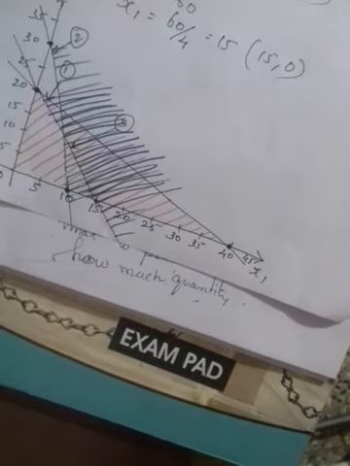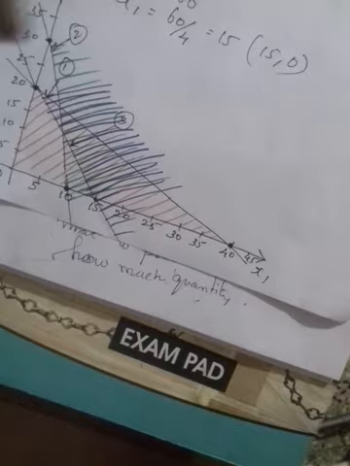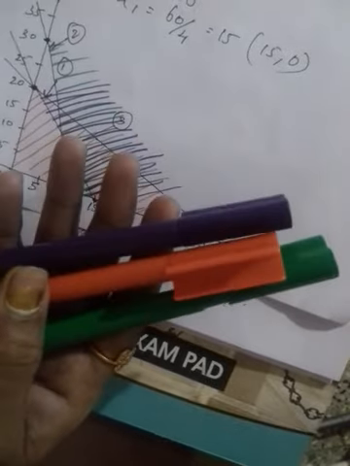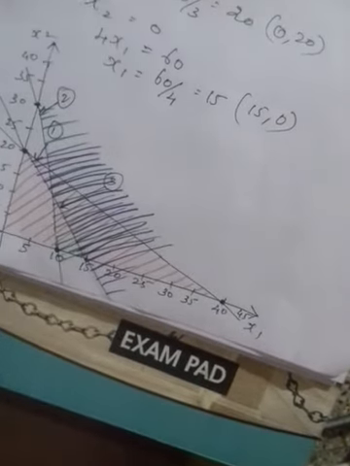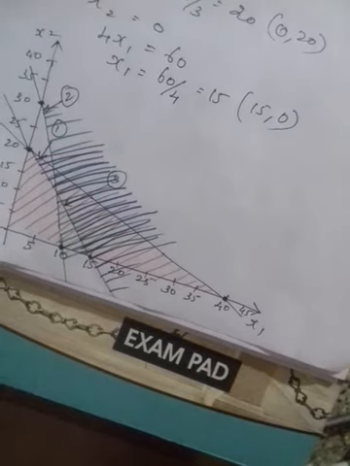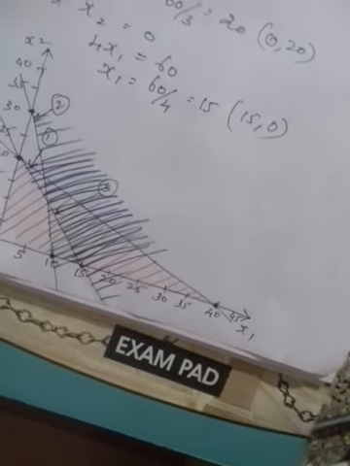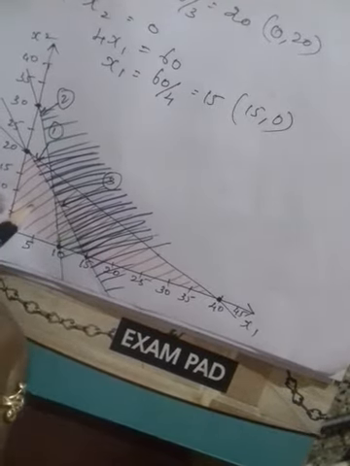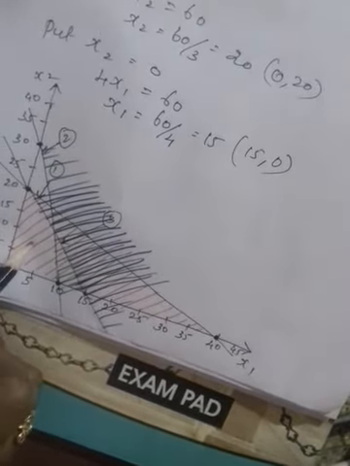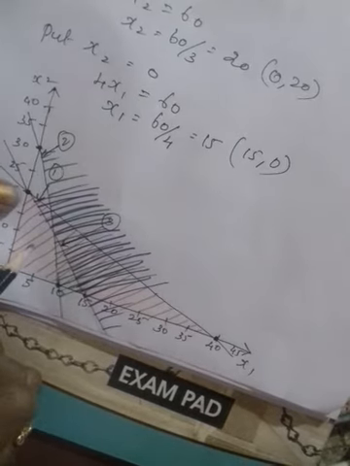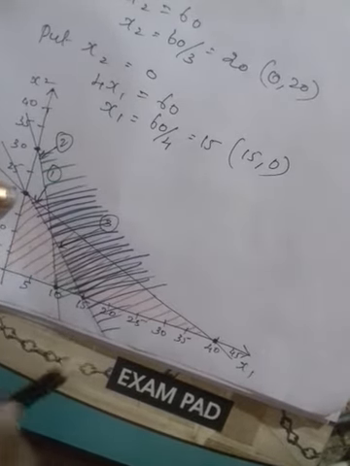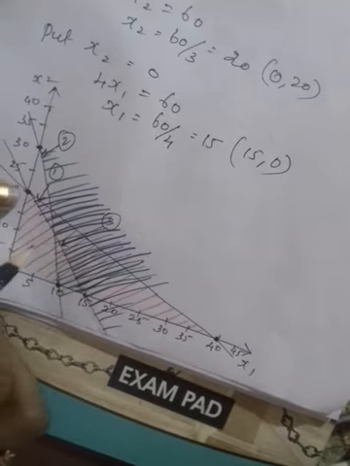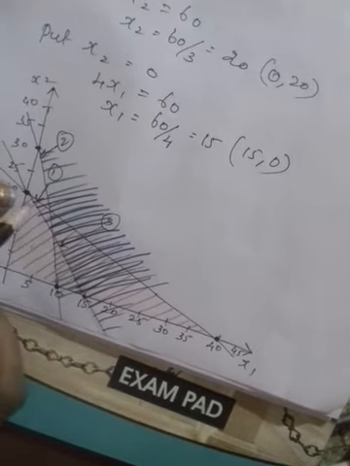Now I used three different colors, isn't it? The area where all three colors come together is called the feasible region. So you have to check it. If you take this area, here only orange, it means equation 1 gets satisfied, but equations 2 and 3 are not satisfied in this area.